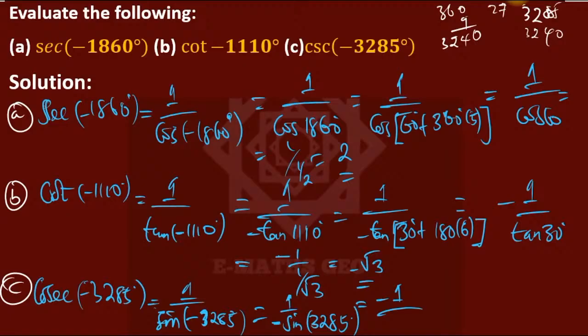So this could be written as minus 1 over sine of 45 plus 360 times 9.